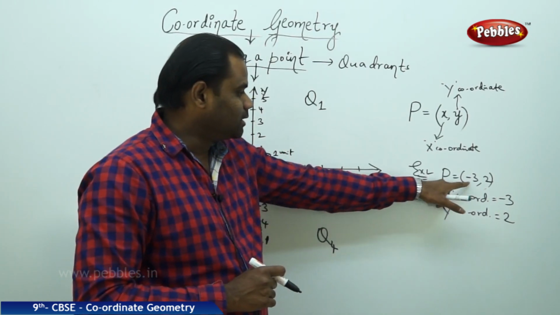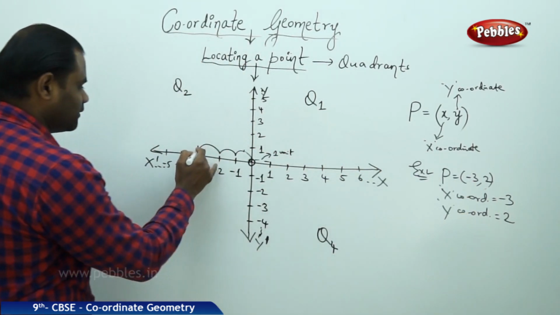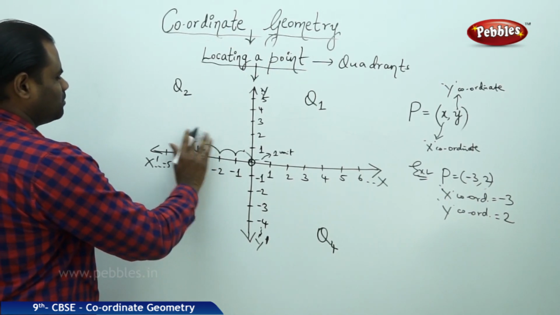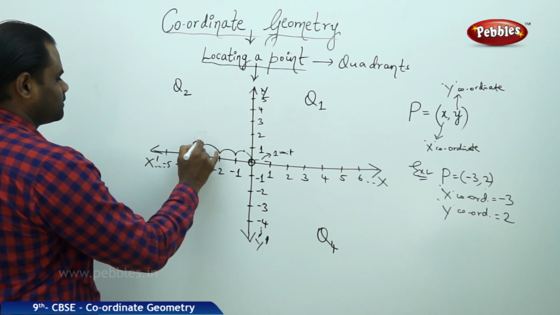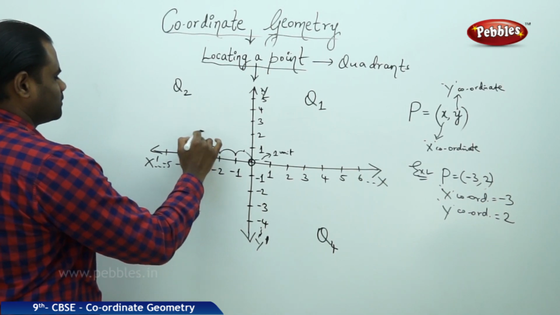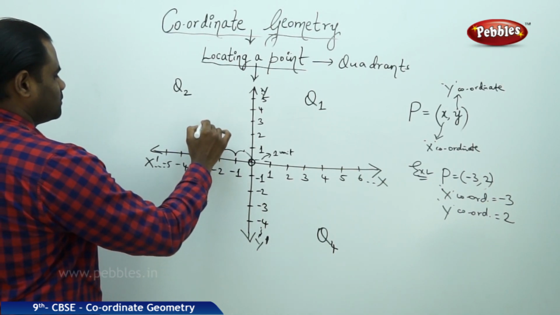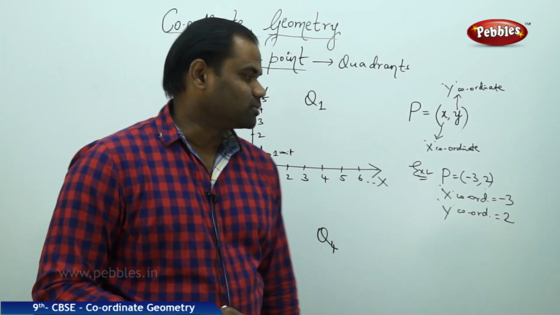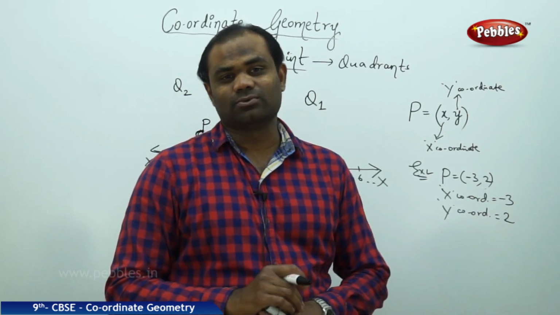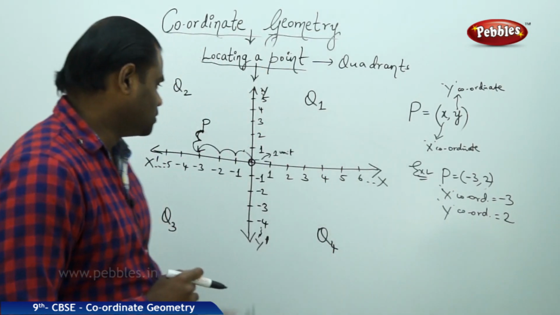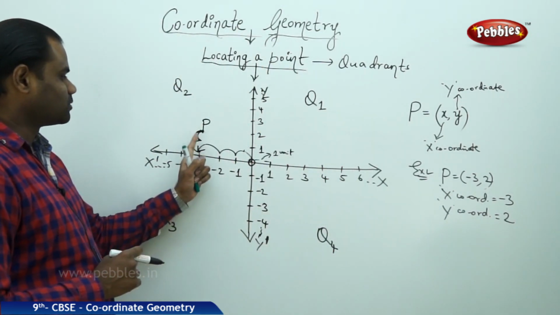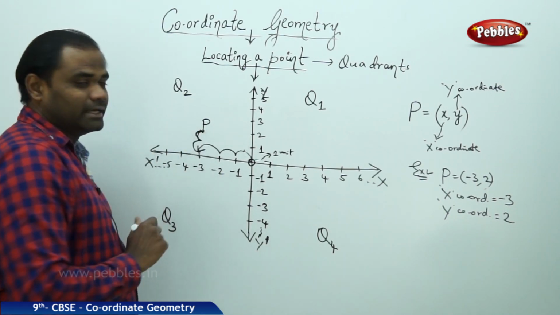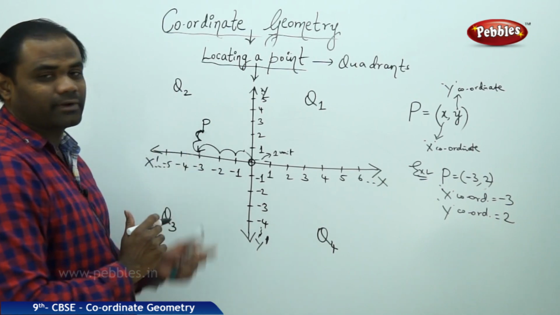So point P moves first 3 units left and then 2 units up. This is where finally the point P lies. So when I locate the point minus 3, 2, I understand that it moves 3 units left and 2 units up. And finally, I see that this point P is now in the second quadrant.